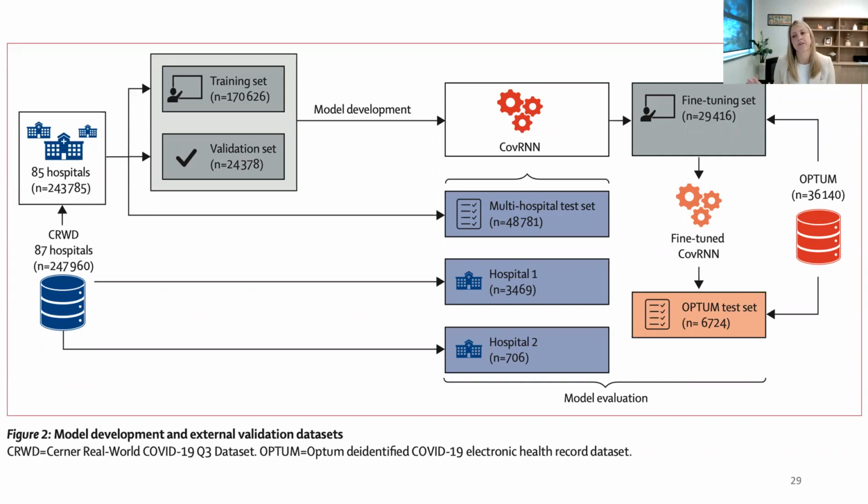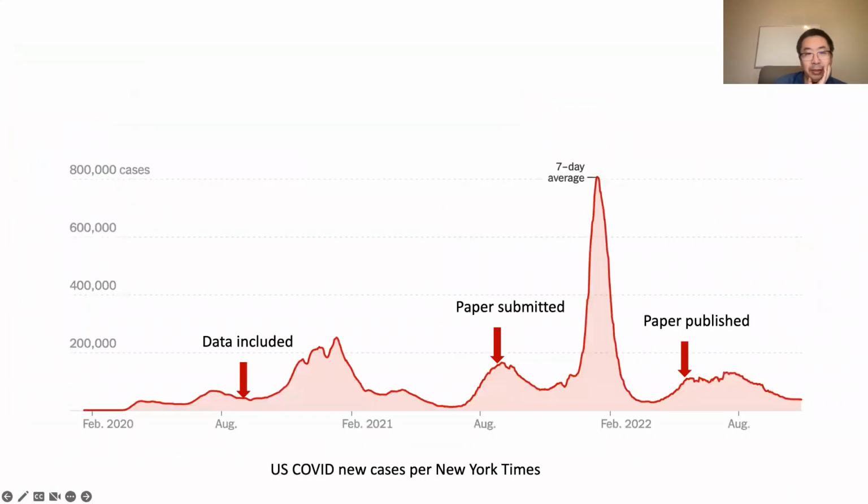Sorry, I have just one last question. Do you have any plans to implement this? Are you working with anyone to see how it will run in practice? I'd love to. Nobody has reached out to us yet. Frankly, I think this model shows it works at this stage, but now we are a few waves later, after a lot of vaccination and population immunity, so I think the relevance of the model is probably reduced.